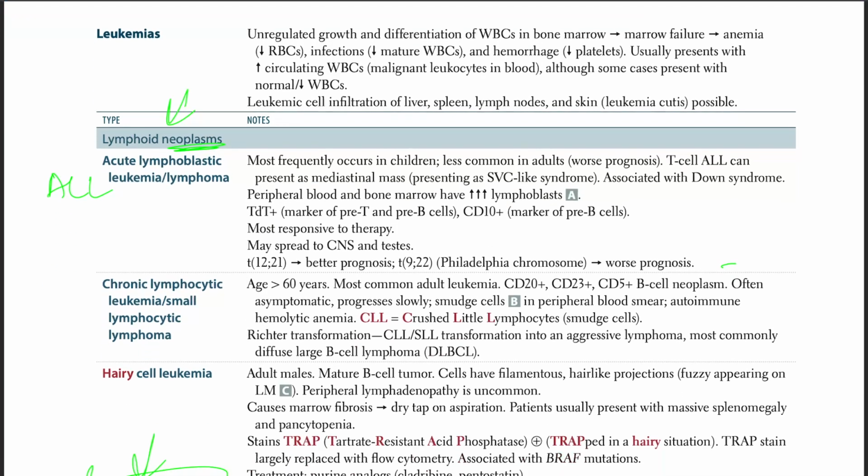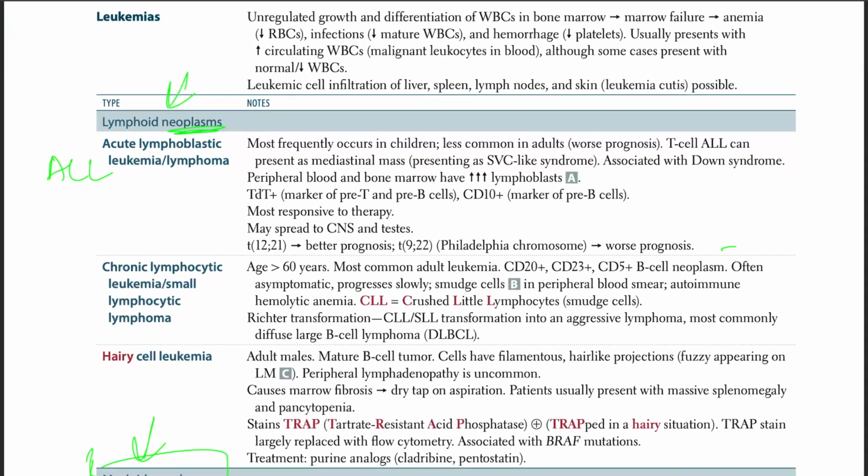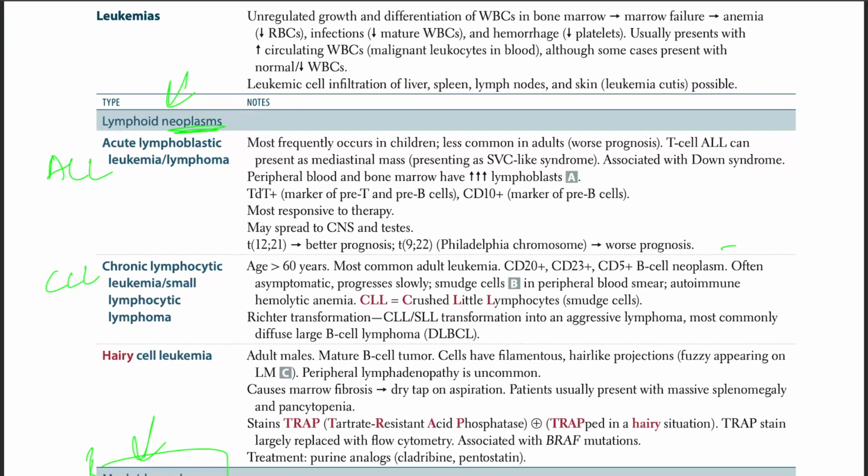Let's talk about now CLL, chronic lymphocytic leukemia, other name small lymphocytic lymphoma. Okay, so this is chronic, seen in greater than 60 years of age, most common adult leukemia.